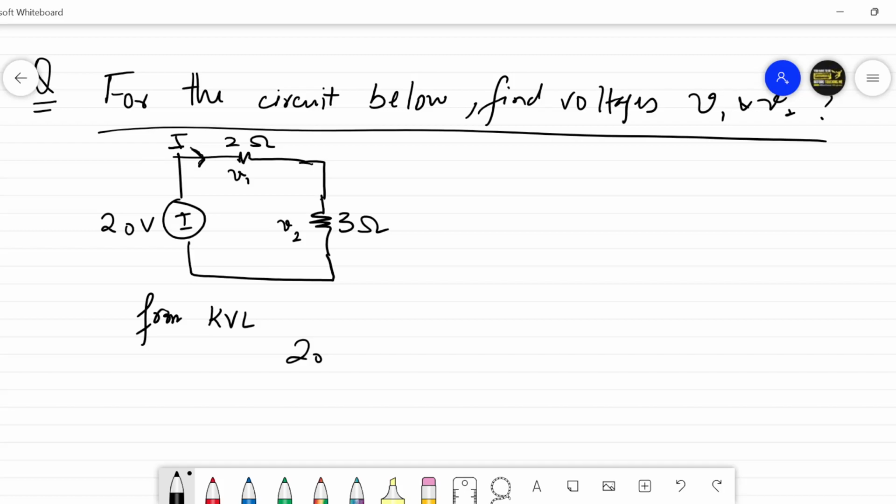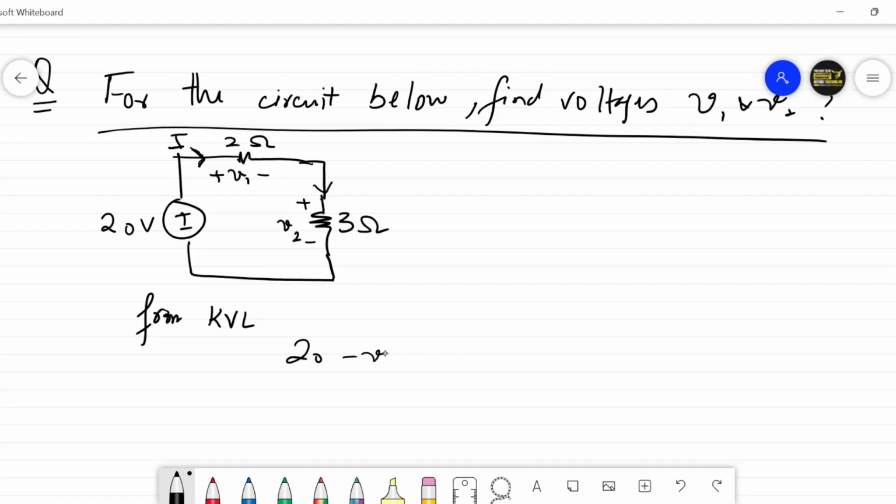When a current goes into a resistance, the terminal through which current enters is positively charged, and the terminal from which current leaves is the negatively charged terminal. Similarly, at this particular point, this becomes positive, this becomes negative.